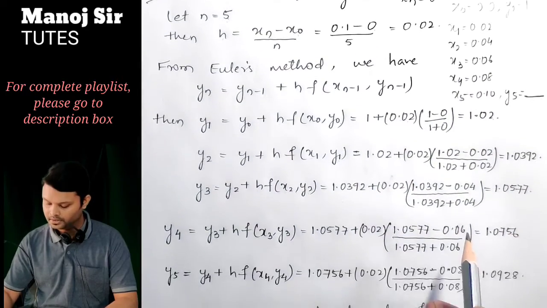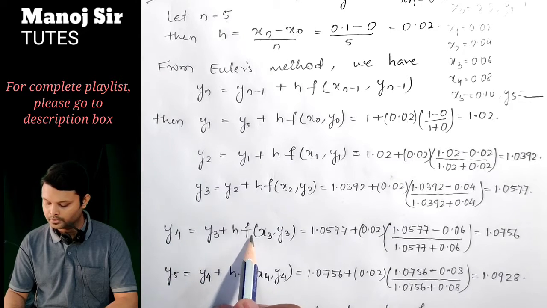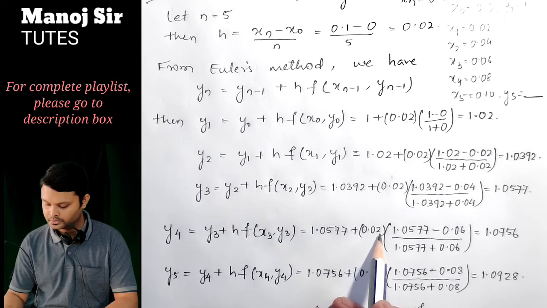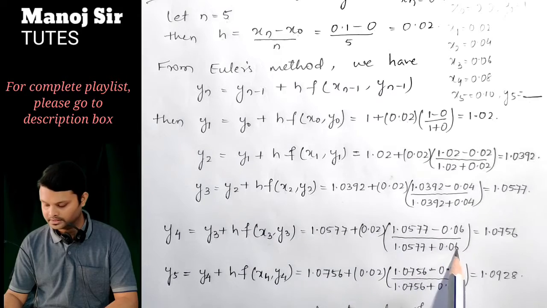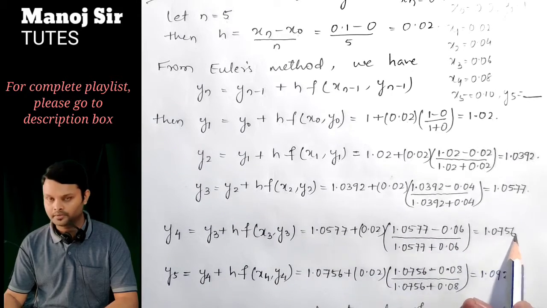So y4 is y3 plus h into f of x3 comma y3, which equals 1.0577 plus 0.02 into (y3 minus x3) upon (y3 plus x3). On solving this we get y4 equals 1.0756.